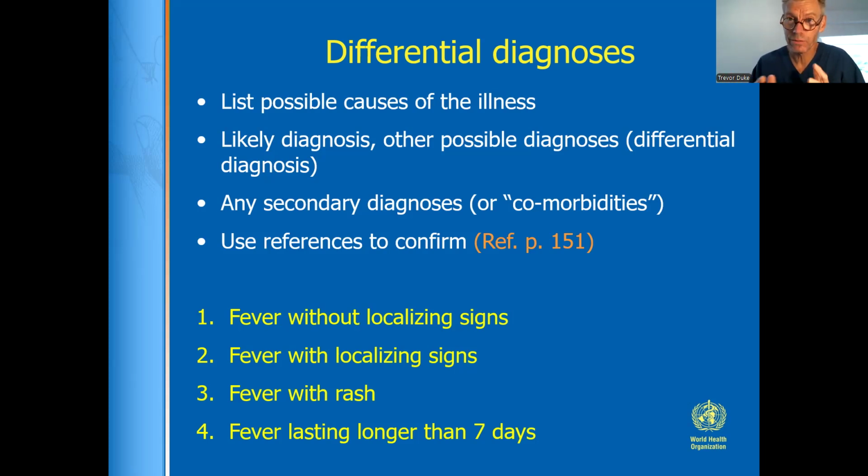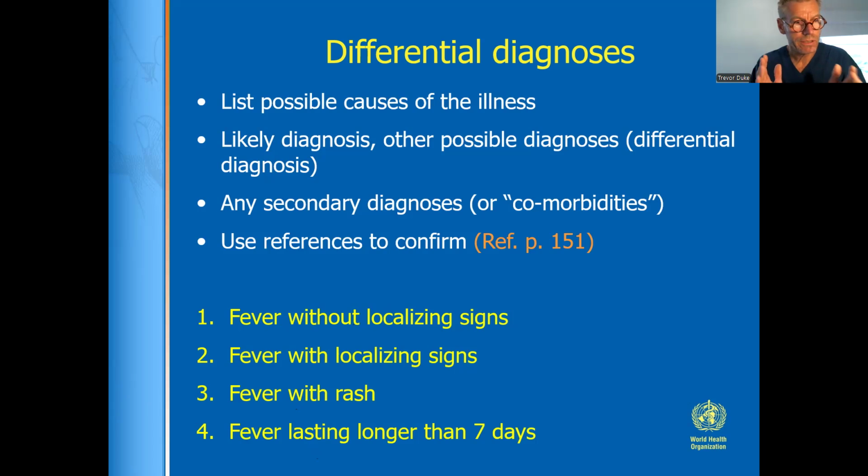Fever with rash is another possible way of thinking about this child, because he did have a faint red rash on his body. And then there's fever lasting longer than 7 days, and we know that Johnny's fever was only 3 days, so it doesn't fall into that category. So we could think about fever without localizing signs and maybe fever with rash in thinking about this child's most likely diagnosis.